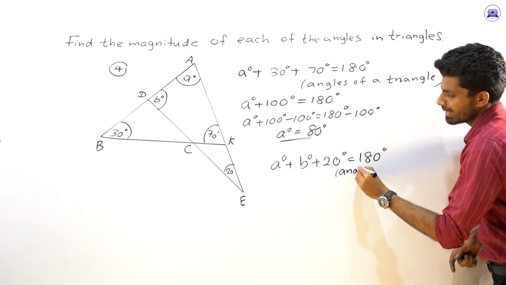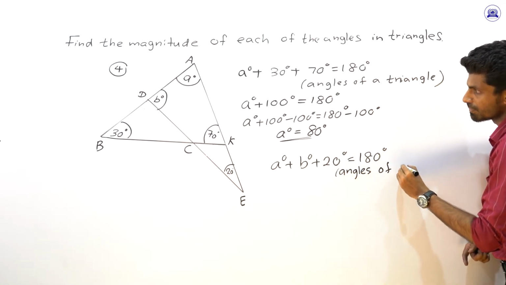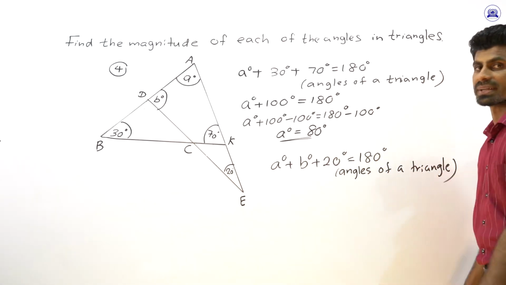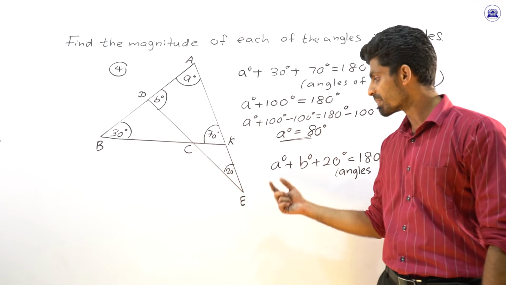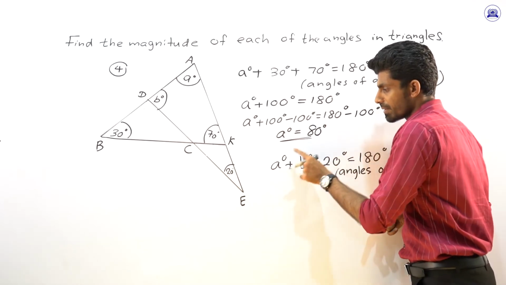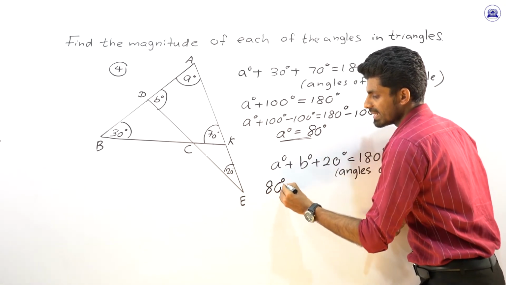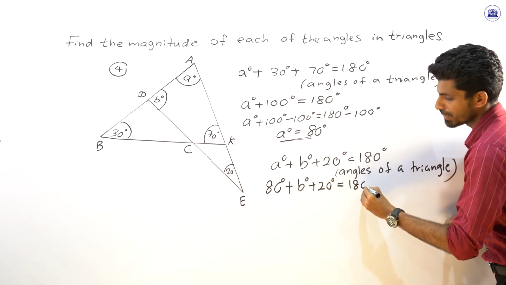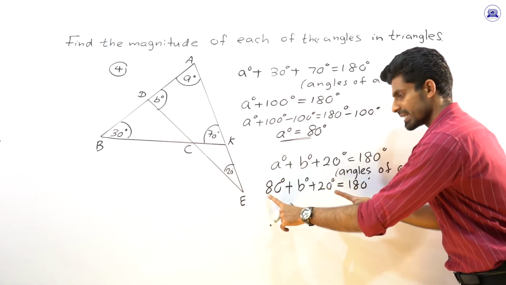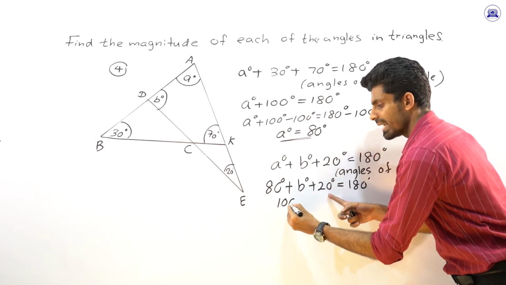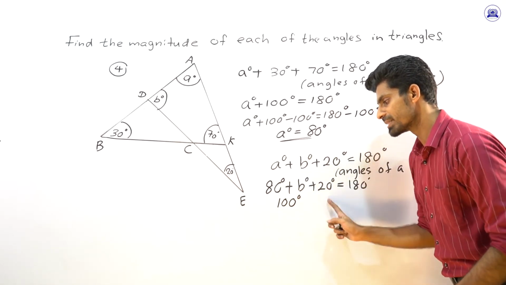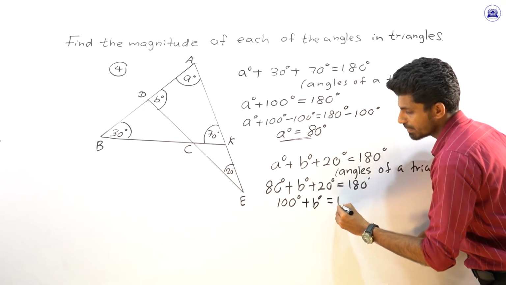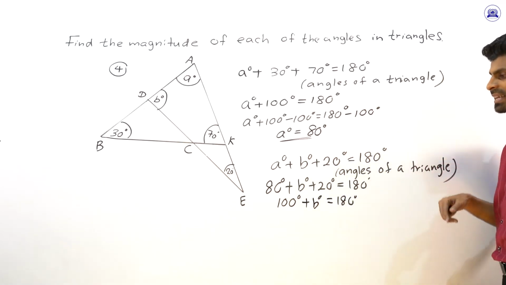So angles in a triangle. A, already we know the value. A equals 80, plus B plus 20 equals 180. So that means 80 plus 20, my dear student, what is the value? 100, right? 100 plus B equals 180.